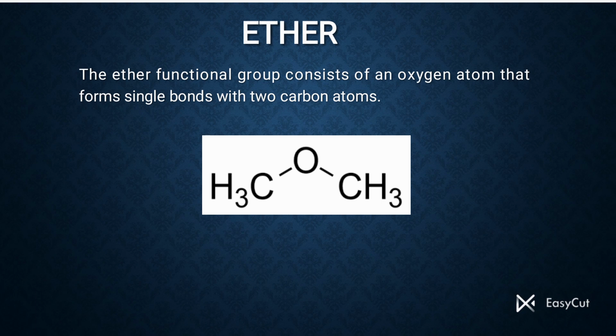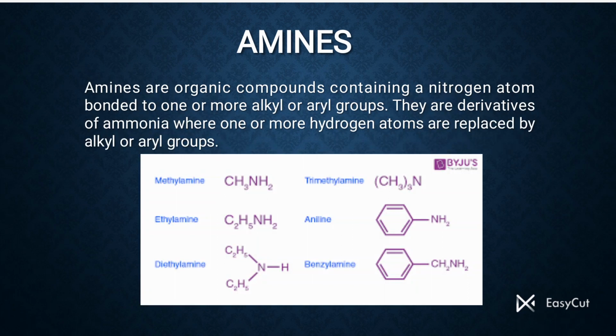So it consists of 2 ethyl groups bonded to an oxygen. An ethyl group comes from ethane losing a hydrogen.